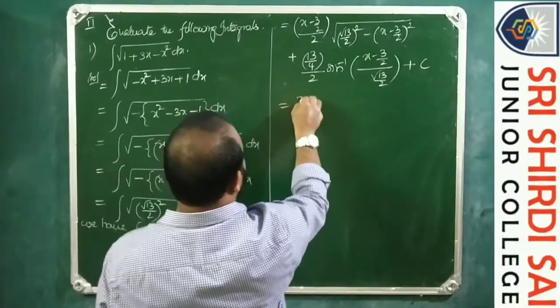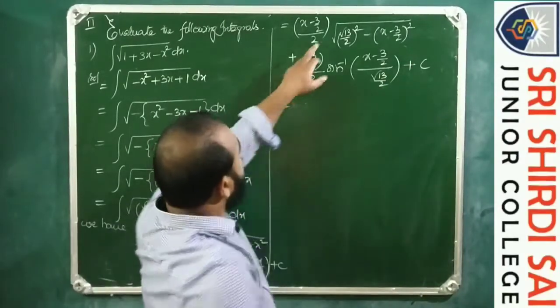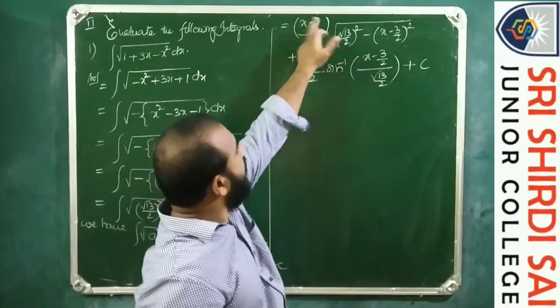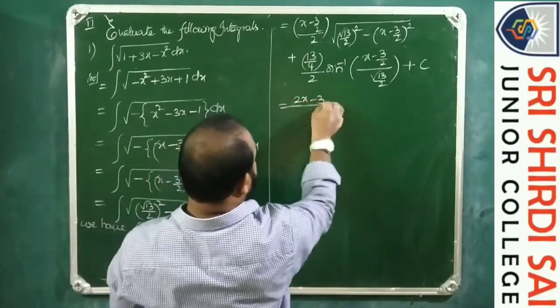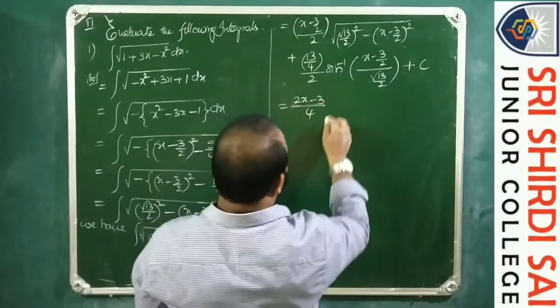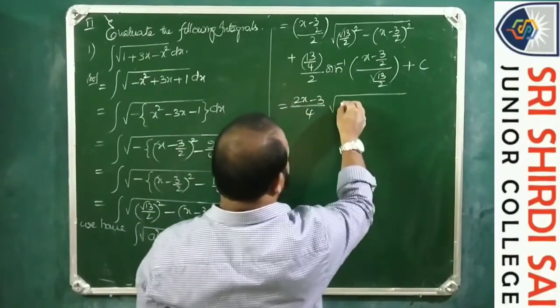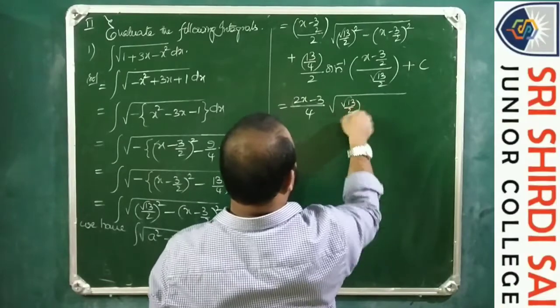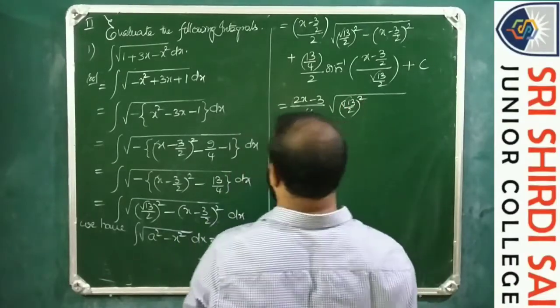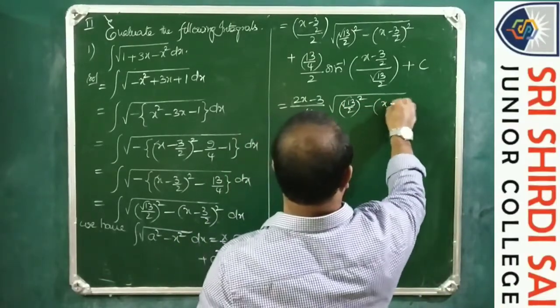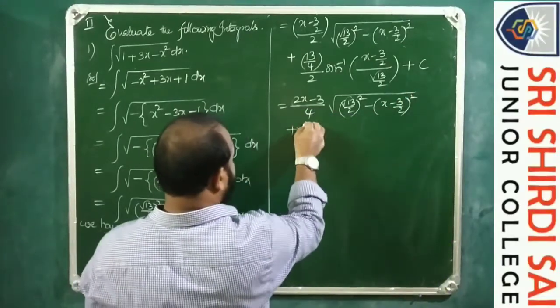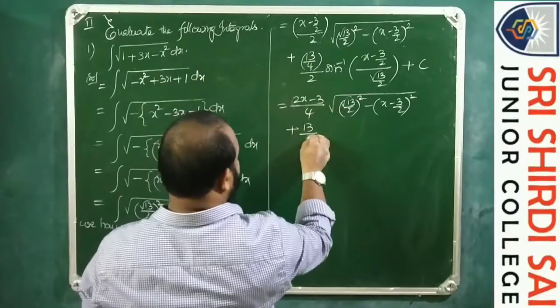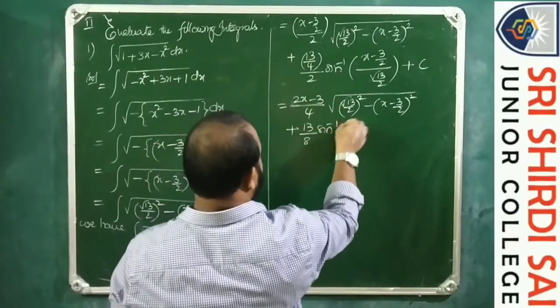So this is equals to, here LCM is 2. So 2x minus 3 by 2 by 2. So 2x minus 3 by 4 into square root of root 13 by 2 whole square minus x minus 3 by 2 whole square, plus 13 by 4, 2s are 8, sine inverse.